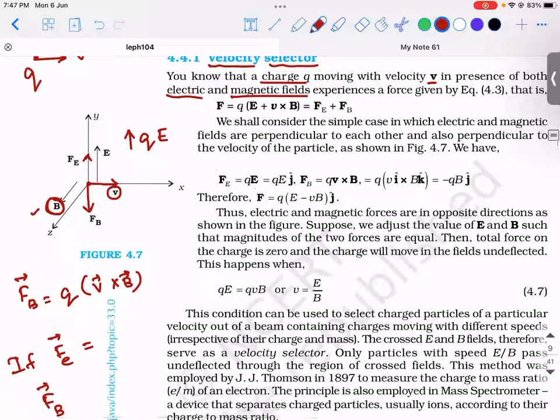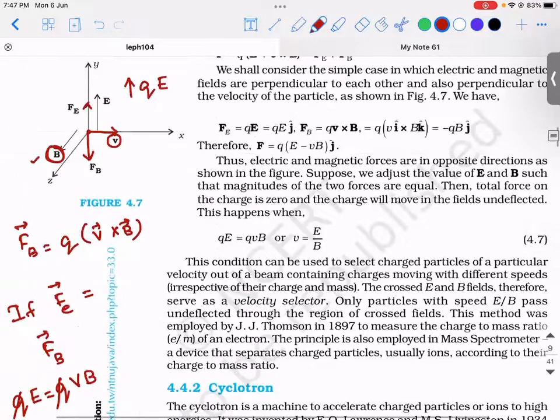This is a scenario where you are considering electric field and magnetic field to be perpendicular to each other, and you are projecting the particle in the perpendicular direction for both. And you are choosing a scenario where the electrostatic force and the magnetic force get cancelled out, so that the total force acting on the charged particle becomes zero. If that is zero, what will happen to this charged particle?